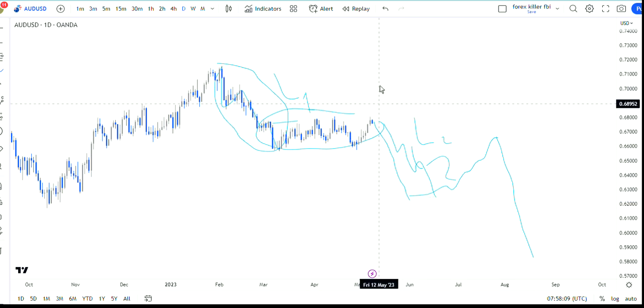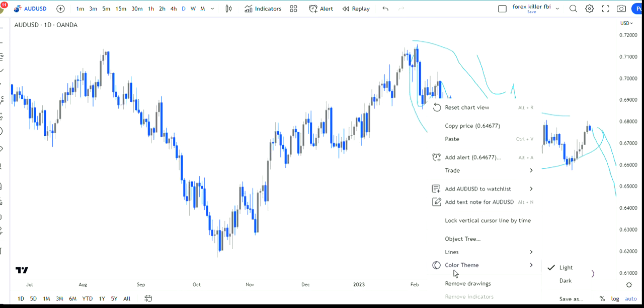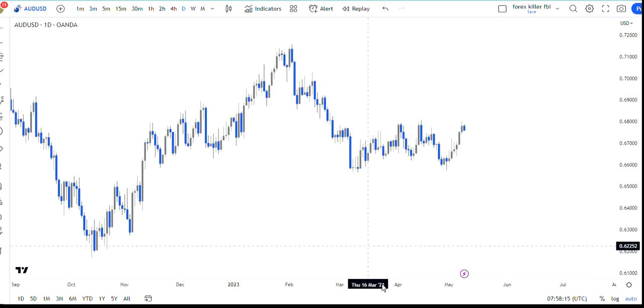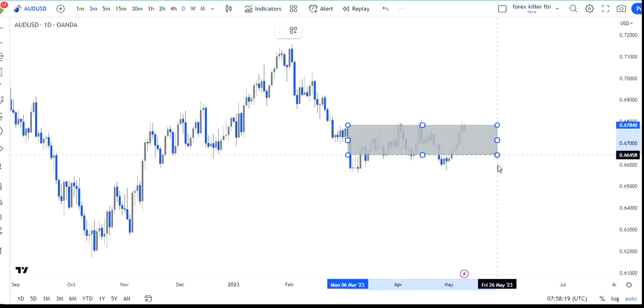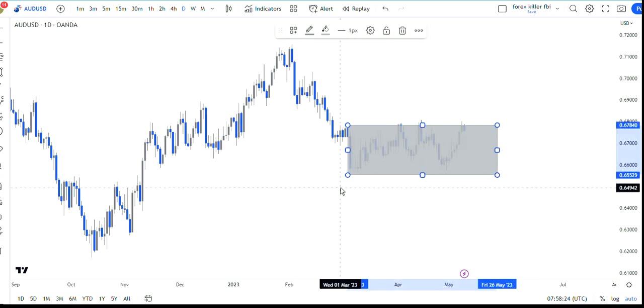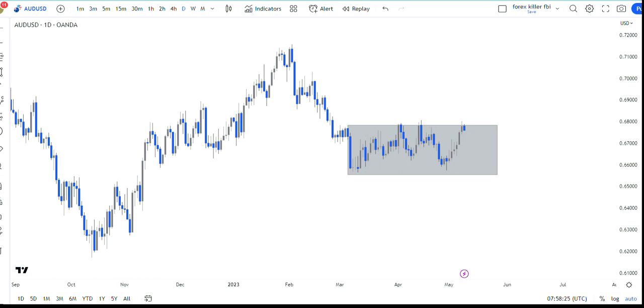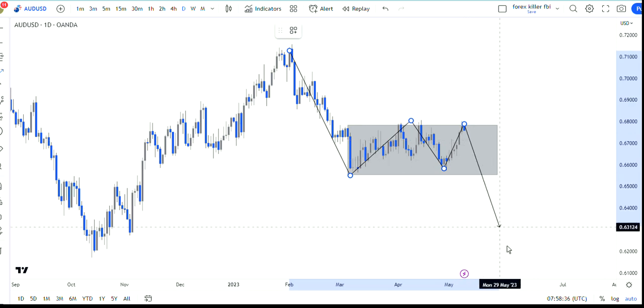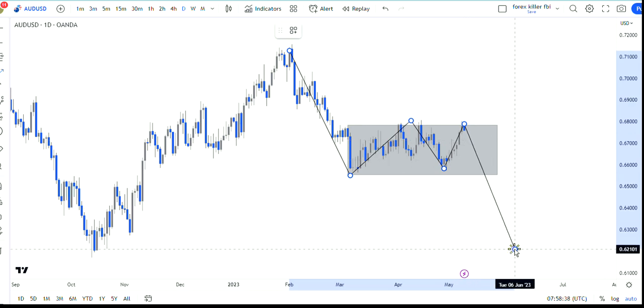So here what we were trading, what we see here, as we said, this is a rectangle, or we say a flat. We have a flat correction here, or a rectangle here. As we said, this is an impulse, then this is a correction. Inside we have A, then B, then C. Then we will be moving down here.